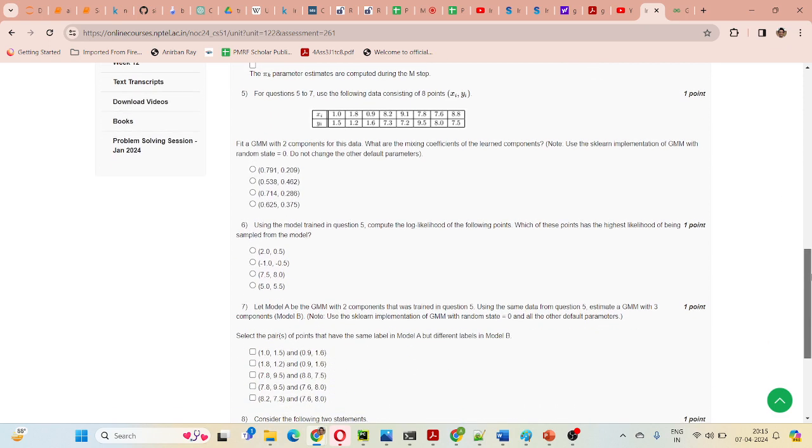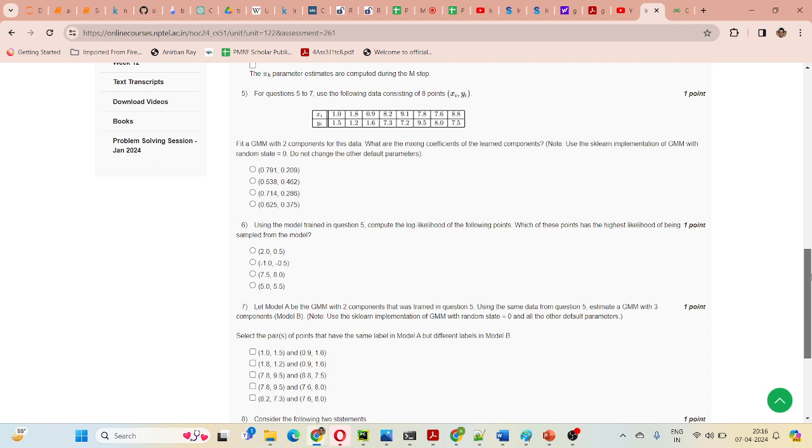Compute the log likelihood of the following points. So you have to see the log likelihood for these points. Log likelihood: you need to know the likelihood for that.